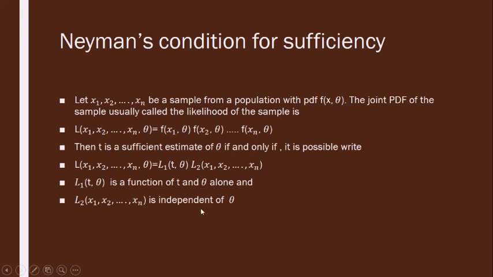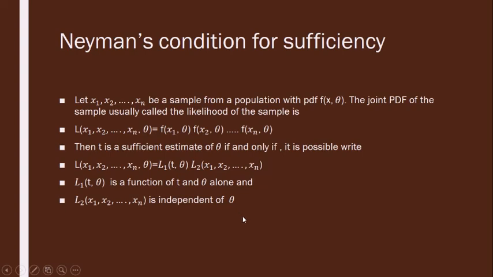If you are able to express the likelihood function in this manner, then we say that t is a sufficient estimate of theta. Now we say that t contains all the information regarding theta.